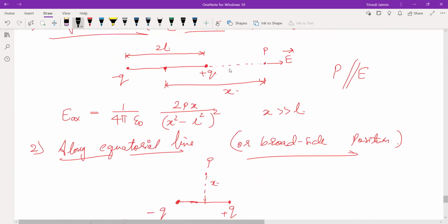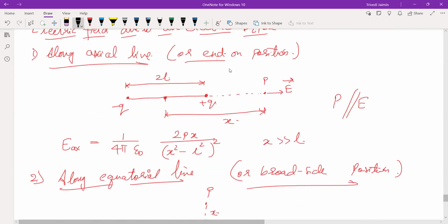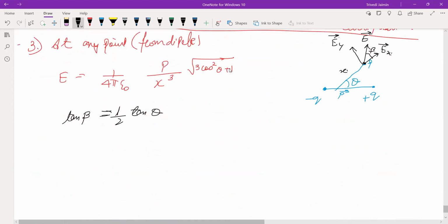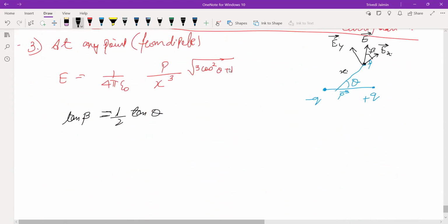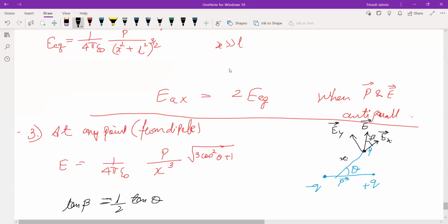Here also cube, and in this one also cube. So in short, the electric field intensity due to all these three equations varies inversely as the cube of x, the distance.